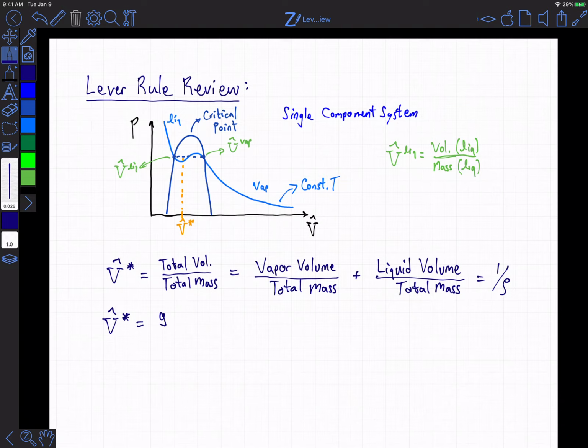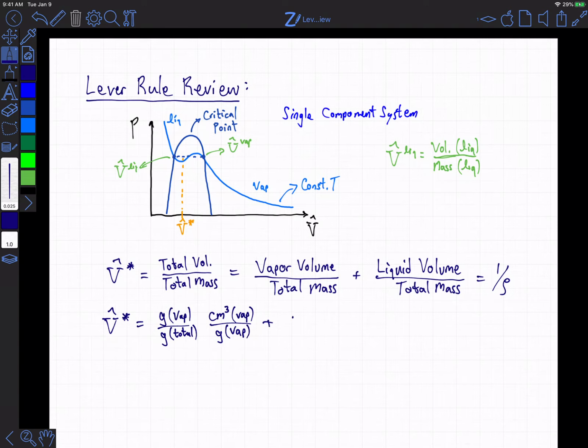But if we had a situation where, for example, we had a ratio of grams of vapor relative to the total mass of the system, or grams of total material in the system, then we could multiply that times the specific volume of the vapor, which we know from our PV diagram. And this will give us volume of vapor per total mass of the system. And so that's useful because that's what we want from this previous line.